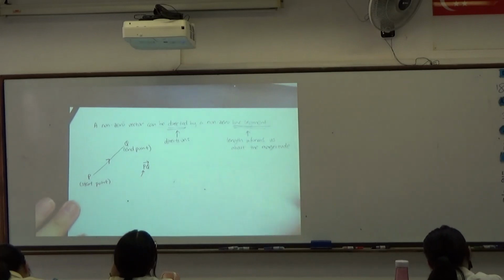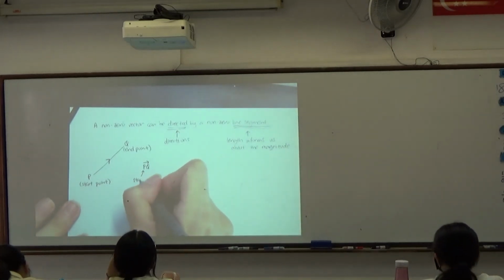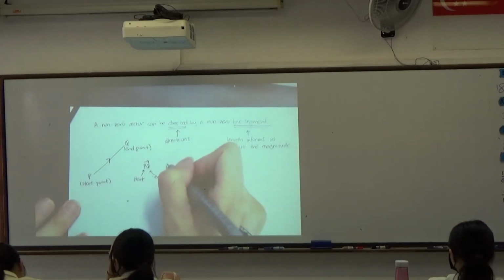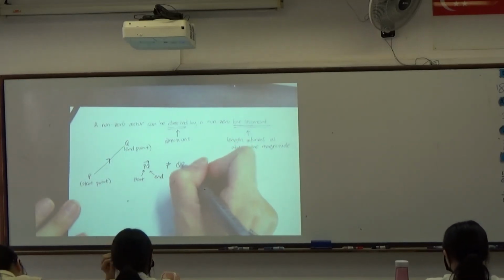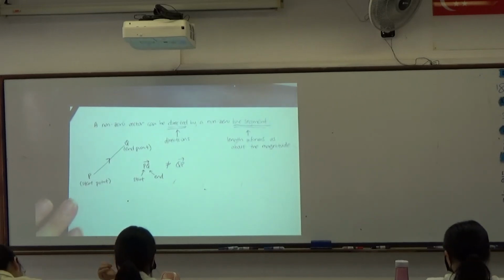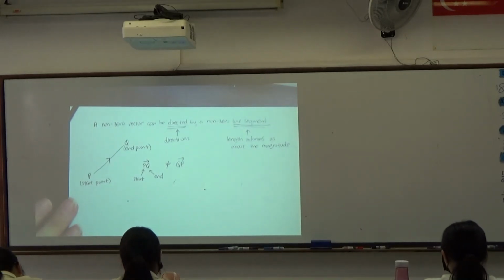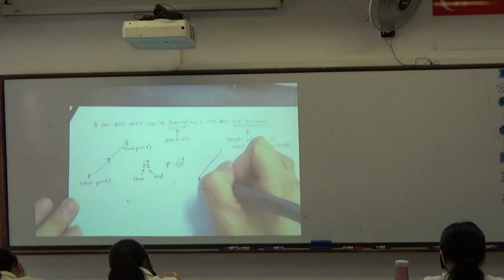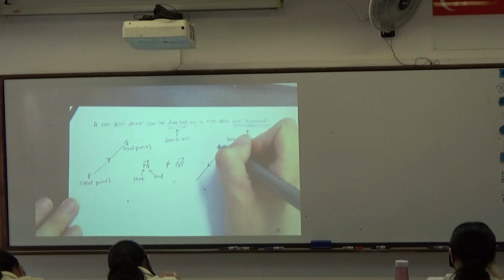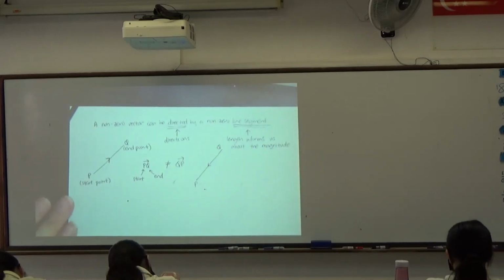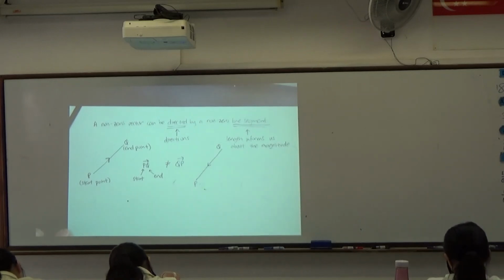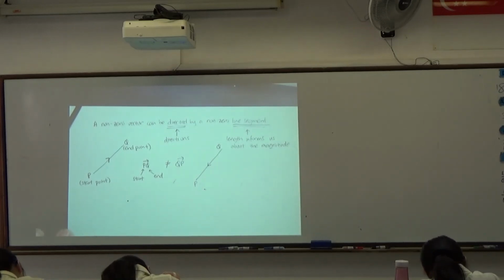P must represent the start and Q must represent the end. Therefore, PQ is not the same as QP. QP will in fact be of a different direction. They have the same line, but this would be QP, different direction.